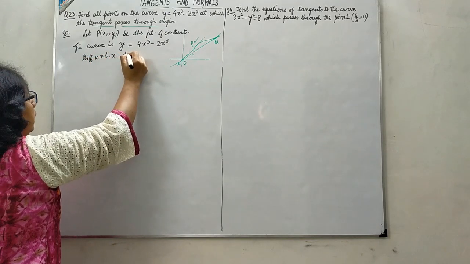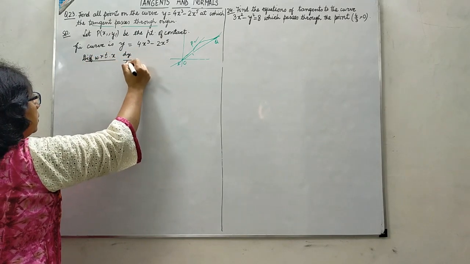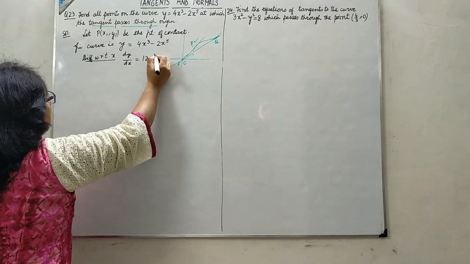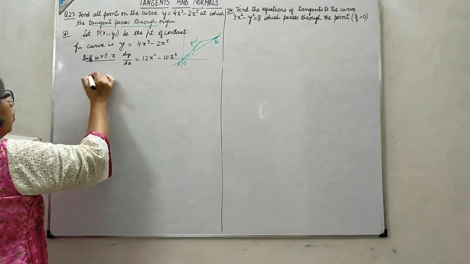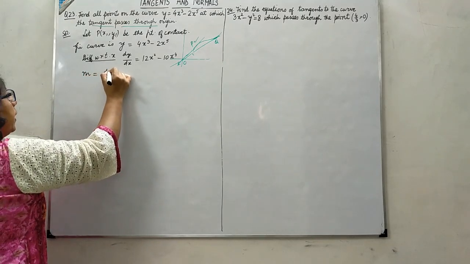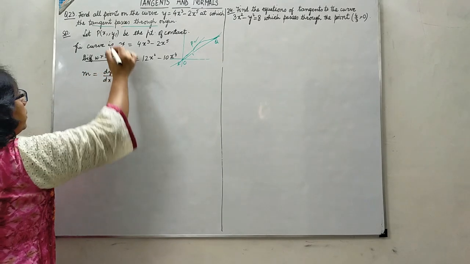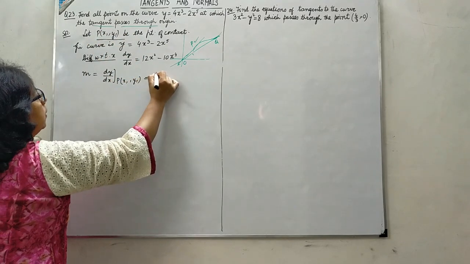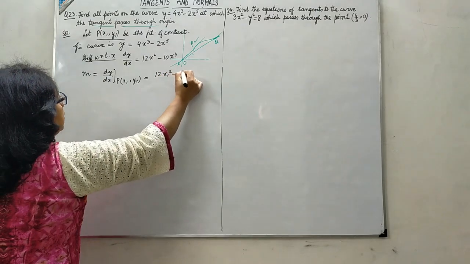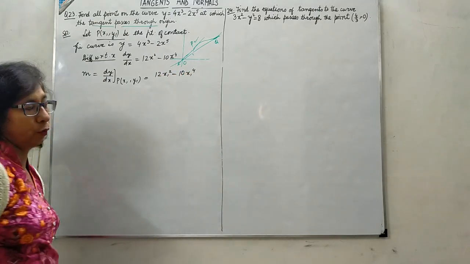That gives dy by dx as 12x square minus 10x to the power 4. Now, the slope of tangent at this point, which we have assumed as the point of contact P(x1, y1), is 12x1 square minus 10x1 to the power 4.